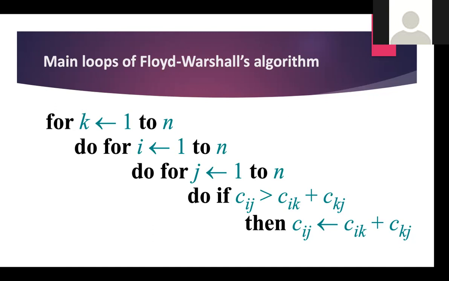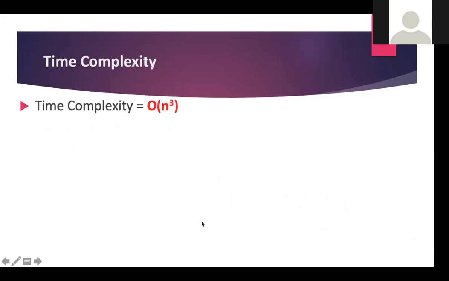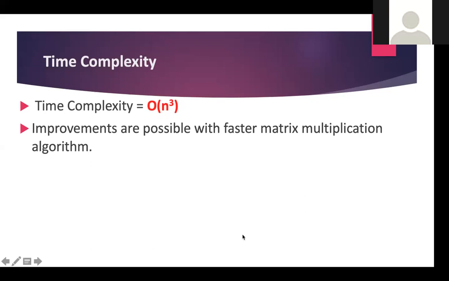More importantly, it's also widely used within these programming competitions that we are interested in. So that's the general idea. As I said before, the time complexity is n cubed, and there are many ways to improve the algorithm using something called fast matrix multiplication.